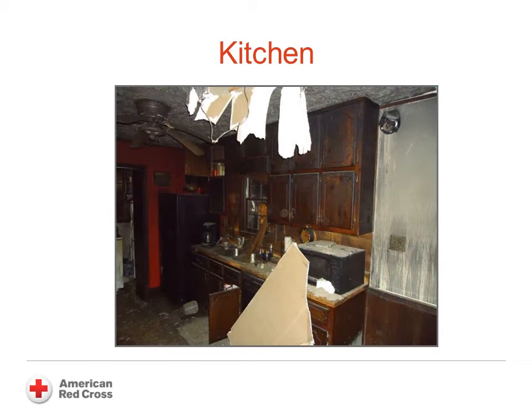Obviously, if you're going to have direct fire, the soot damage, the overhaul, it's very easy to tell whether or not the food is going to be salvageable or not. But one thing I would encourage is that if you find an area that has had a significant amount of heat in it, as a result of looking for your environmental clues of melted plastic cups or melted packaging, then typically that's going to alter the contents of canned food and other types of food to the extent that that food is no longer safe for consumption.